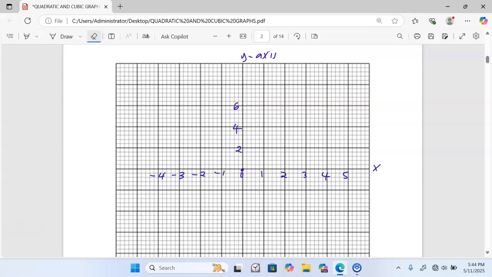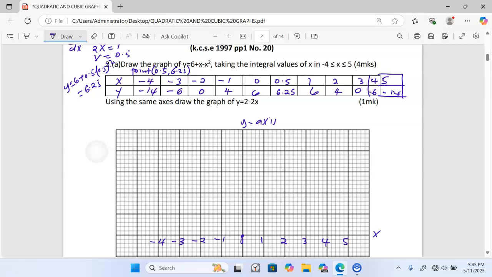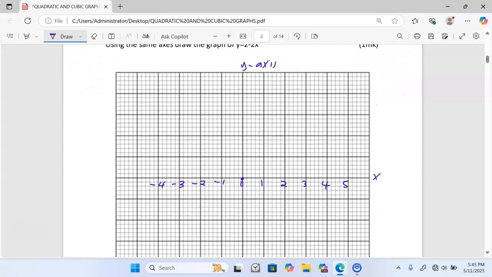This one is not going to work for the y-axis because the lowest value we have is 14 negative, and therefore we might be forced to raise our x-axis a bit higher because this graph is going to be inverted. So allow me to begin from this particular point here so that we have our origin at this point.